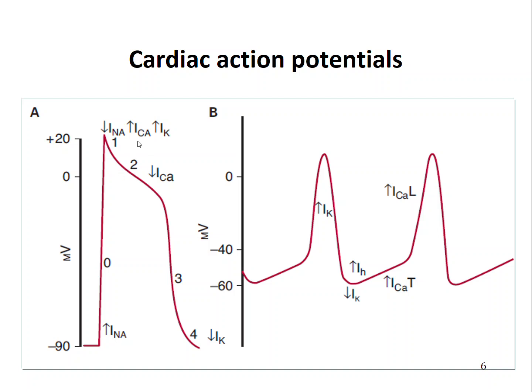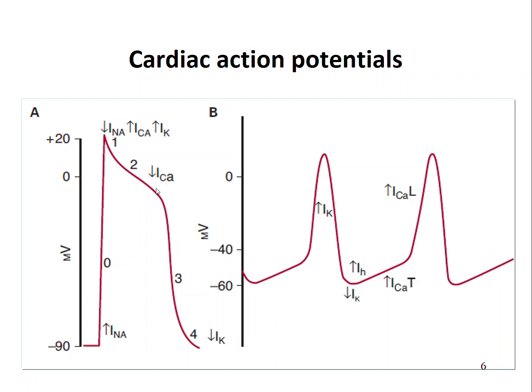The cause of this plateau is very important. Remember, it's because of both an increase in calcium permeability and a decrease in potassium permeability. Both make this phase relatively stable.